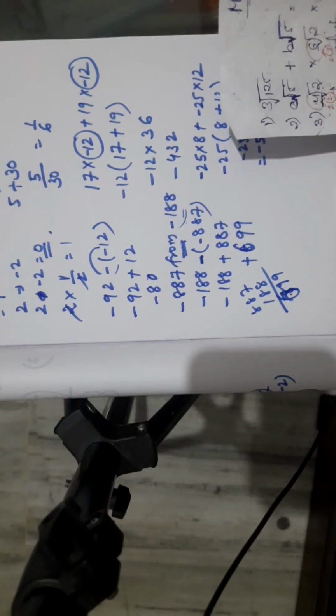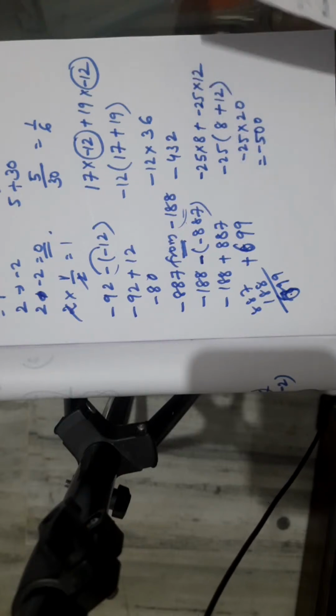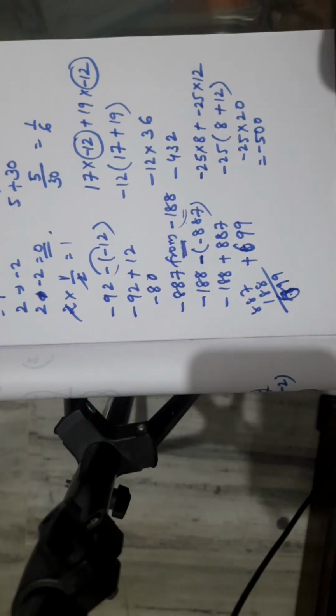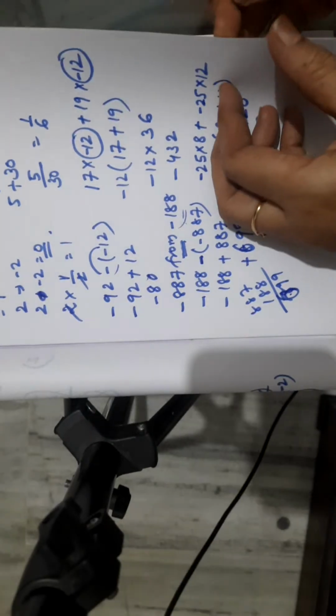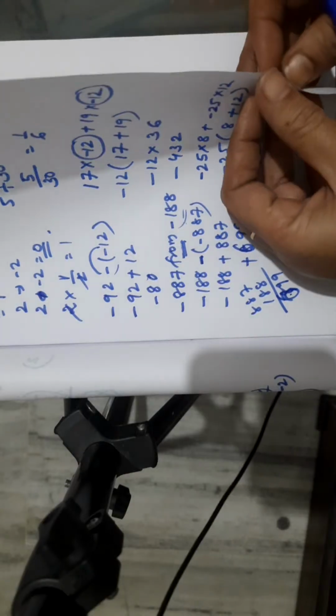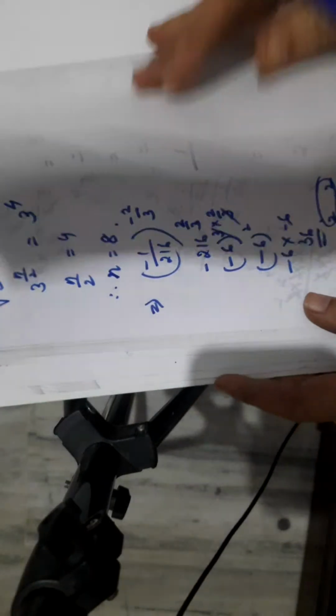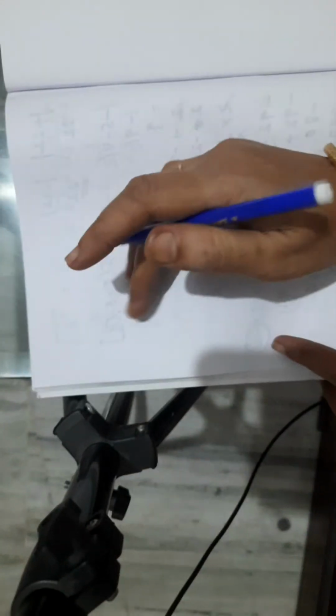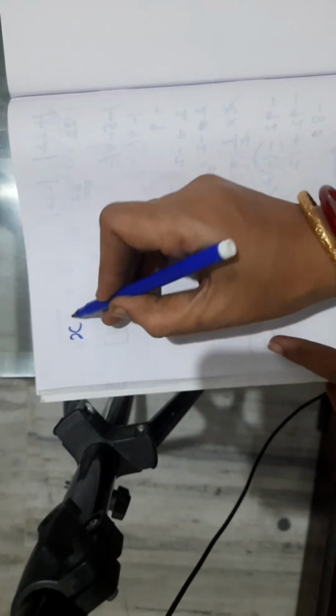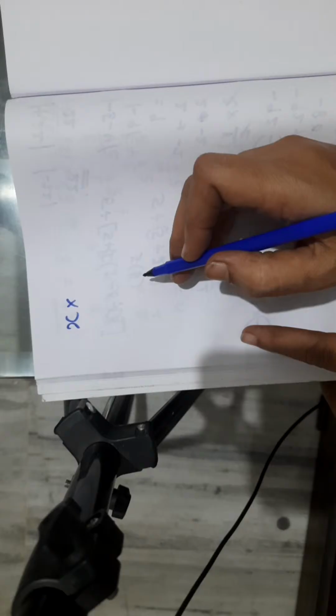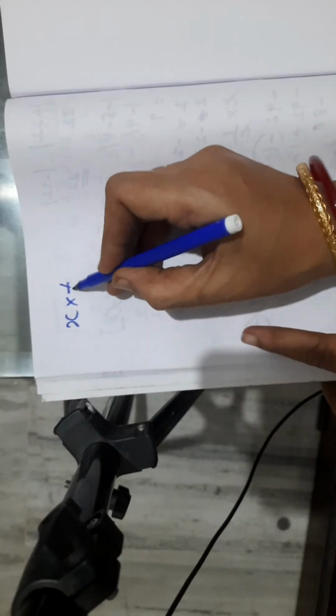The product of two rational numbers is 2. If one of them is 1 by 4, then what is the other? So here the product of two rational numbers is given. So let one be x, multiplied by 1 by 4, is 2.